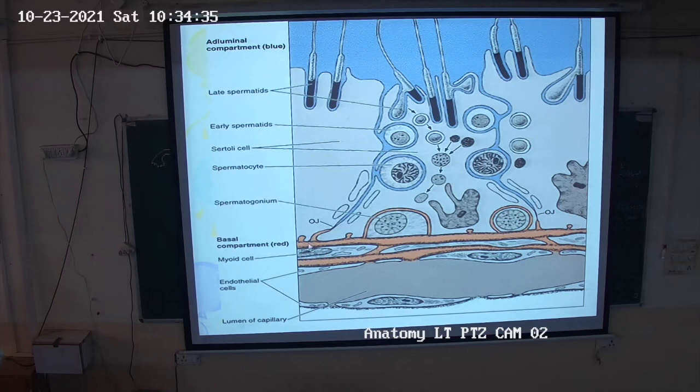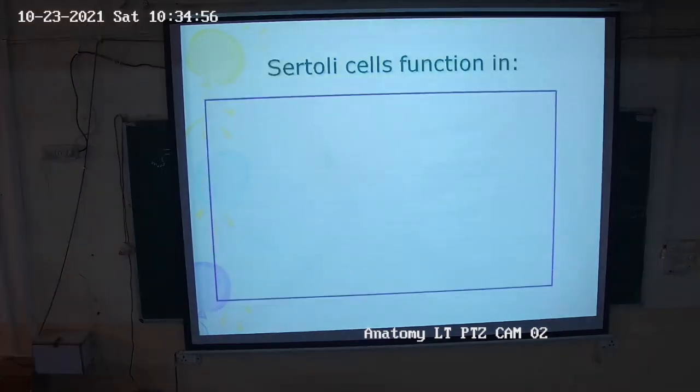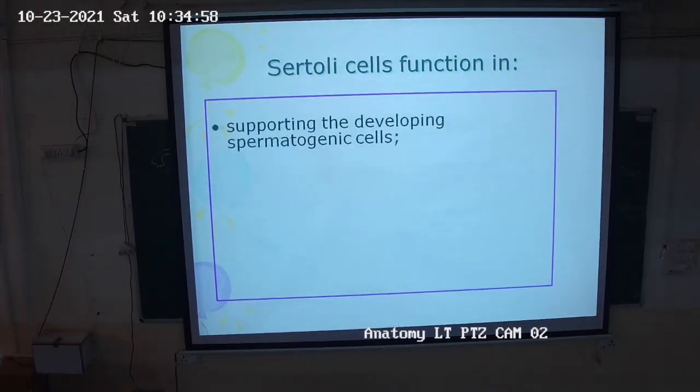This below part here is the basal compartment. See, this is the occluding junction here. The lateral plasma membranes combine and form an occluding junction. In the basal part there will be spermatogonia. In the apical part, you will see a number of sperms indenting into the cytoplasm of the Sertoli cells, which provide nutritional and physical support to the spermatozoa.